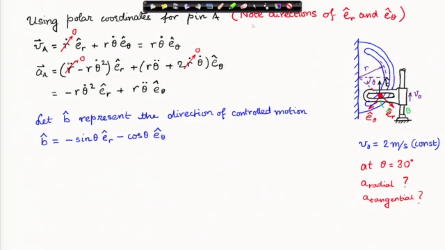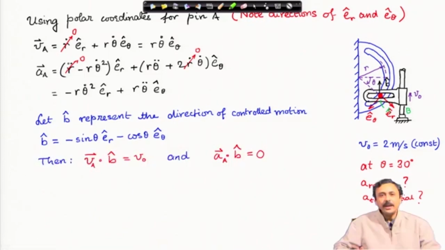Now, what is the condition given on pin A? Pin A is moving because of this horizontal slot which is moving vertically up at a constant velocity.